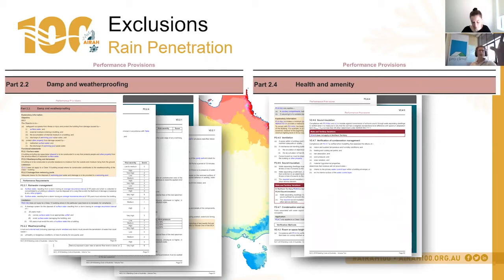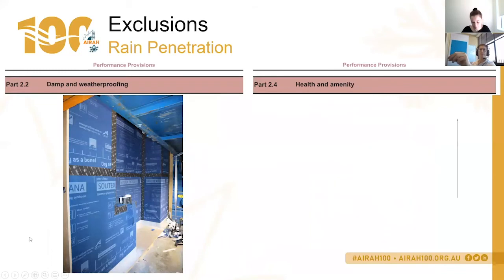Then in the other part of the building code, health and amenity, that's where we talk about condensation and the verification of moisture management. That's about the drying capacity and not trapping water vapor in the structure. So first of all, we have to make the buildings waterproof, and then we have to analyze the structure, whether we trap moisture.